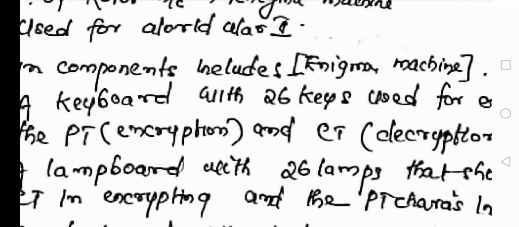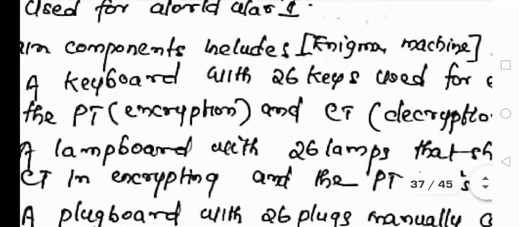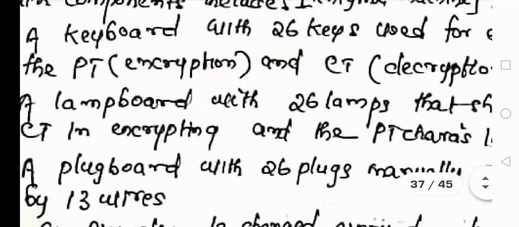These 26 keys helped in entering the plain text alphabetical letters one by one during the encryption process, and on the other hand we can enter ciphertext letters during the decryption process. So the keyboard was quite helpful in this particular Enigma machine for entering the plain text letters or the ciphertext letters if you are opting for encryption or decryption respectively.